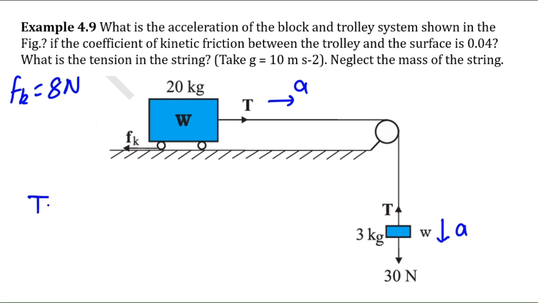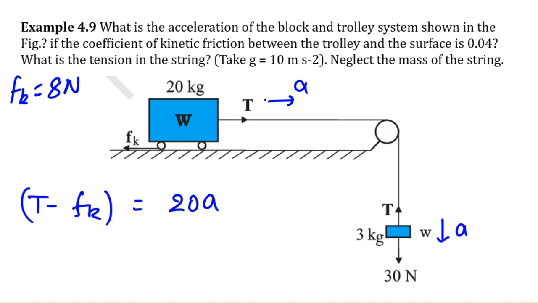For this block, T minus Fk is the net force, because it is accelerating along the direction of T, so T will be greater. So T minus Fk will be mass times acceleration, that is 20 into a.